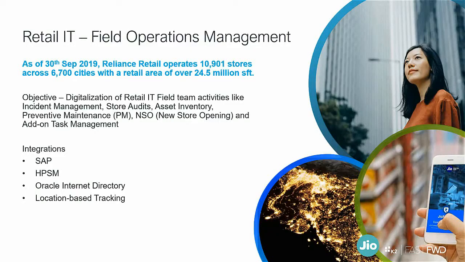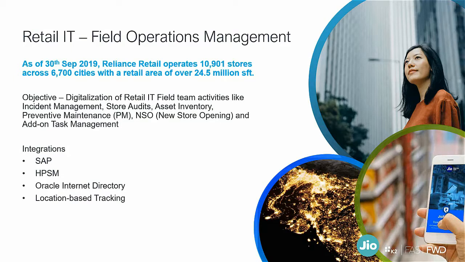The next use case is retail IT field operations management. The retail footprint of Reliance in India is that Reliance Retail operates more than 10,000 stores across 6,700 plus cities with a retail area of over 24.5 million square feet.